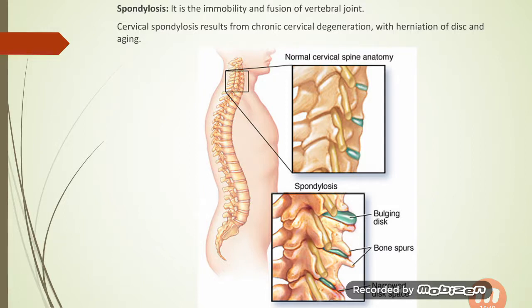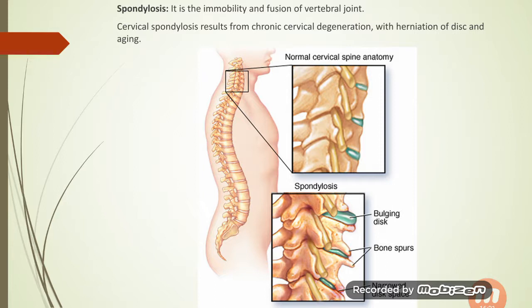The next is spondylosis. Spondylosis is the immobility and the fusion of vertebral joints. Cervical spondylosis results from chronic cervical degeneration, which results in the herniation of the discs, and the phenomenon occurs during the aging process.